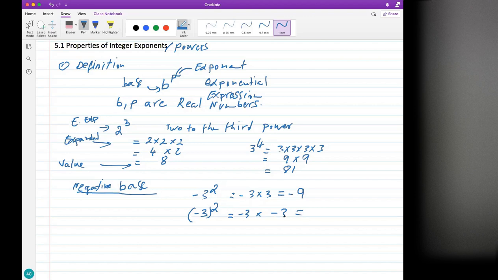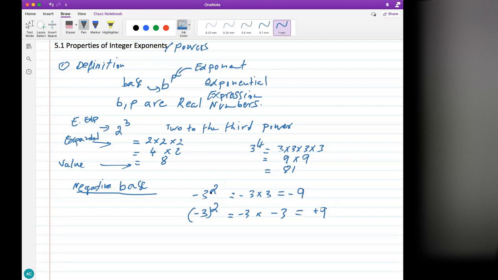For the second one here, this is the base. So that's why we wrote negative 3 and negative 3. If the power is higher, then you have more of these. And when you multiply negative 3 by negative 3, what do you get? Positive 9. That's right, positive 9. You can see the values are completely different, even though they may look the same. So keep in mind, if you have parentheses, whatever is under the parentheses is the base.